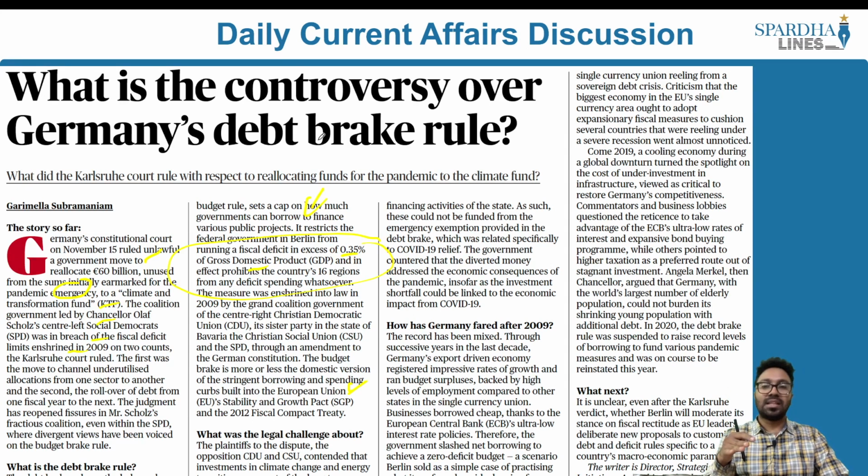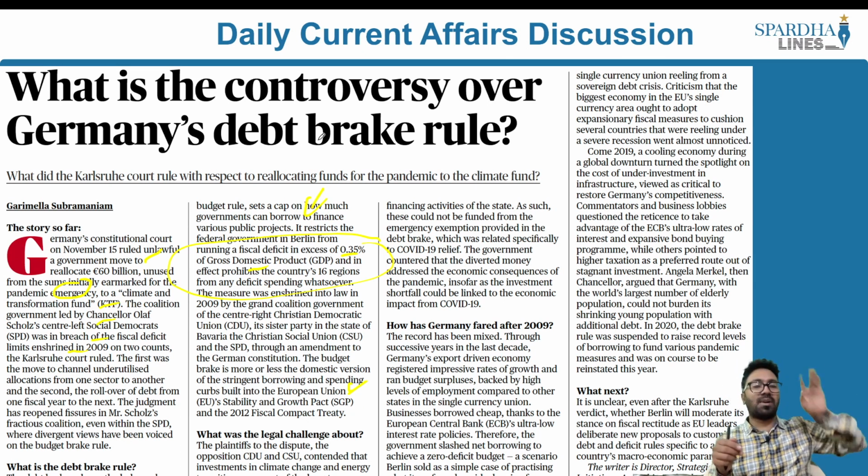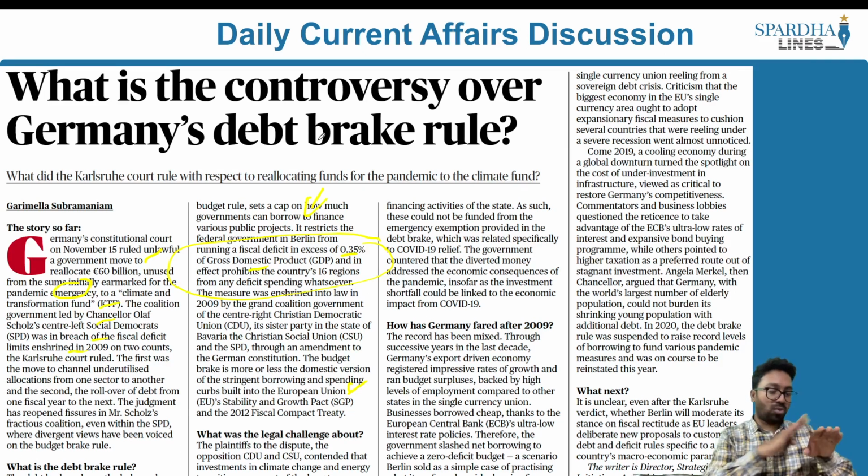So basically this article speaks about Germany's debt brake rule and the judgment passed by the Constitutional Court that you would not be able to divert the funds already allocated to one policy to another policy. And what is the debt brake rule? You're not supposed to change or procure money in excess of the already established rules and parameters.